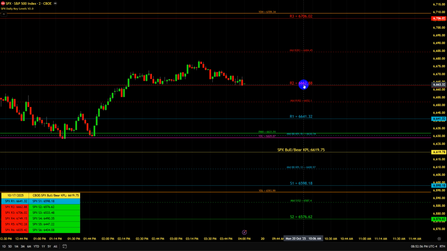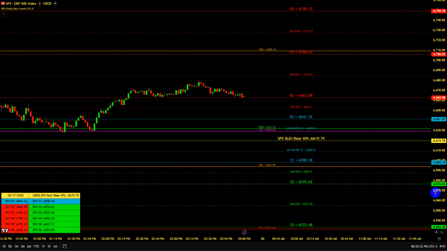Now remember that the space between R2 and R3 is a lot greater than the space between R2 and R1 and the bull bear key price level. So basically the spaces between all the levels between R2 and S2 are a lot smaller than once we start going above R2 and R3 and above, or S2 and below.